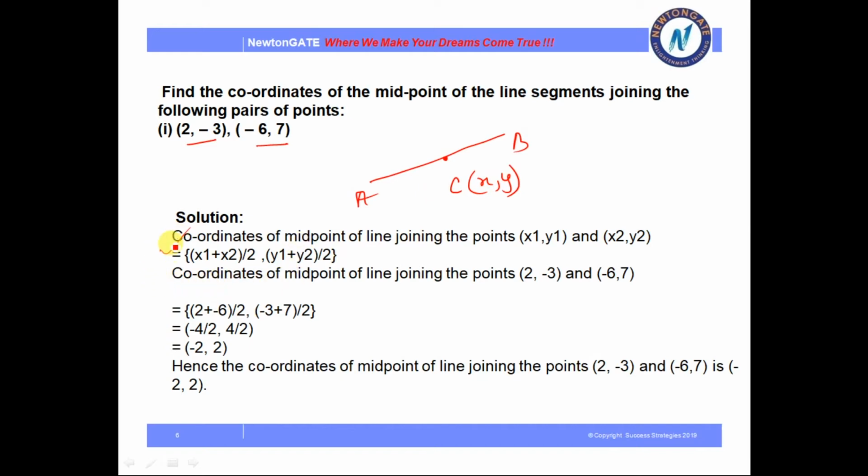This is the formula of midpoint. Now, what is the value of x? x is (x1 plus x2) by 2. So (minus 2 minus 2) by 2, that is minus 2, and (minus 3 plus 7) by 2 gives us 2. So the coordinates of C are (minus 2, 2).